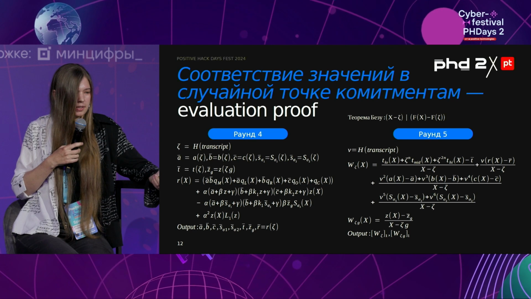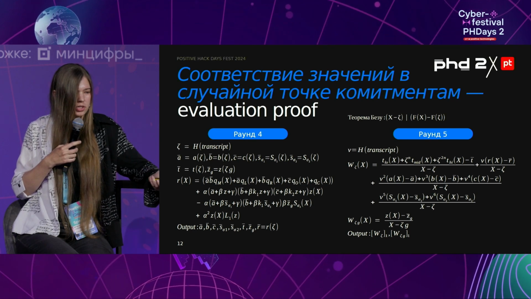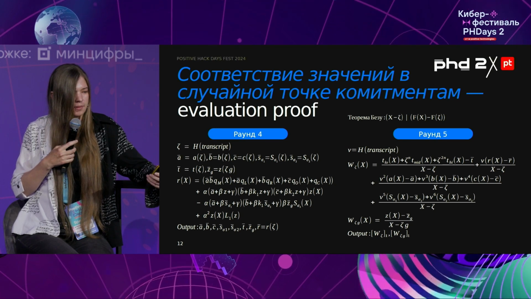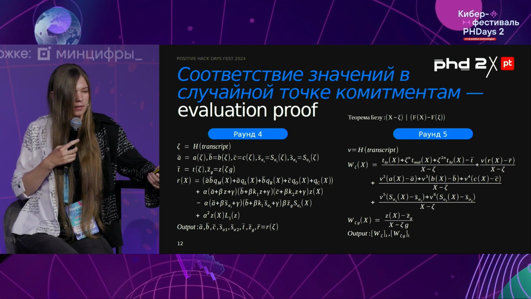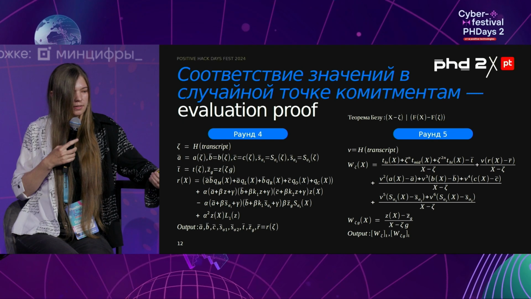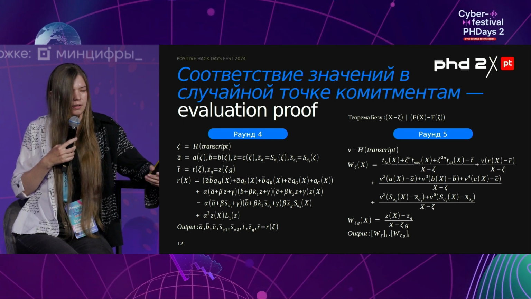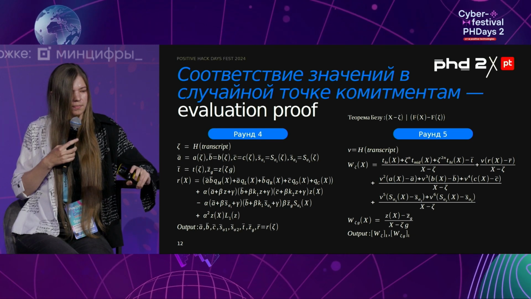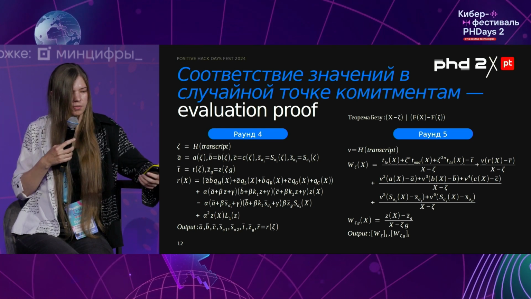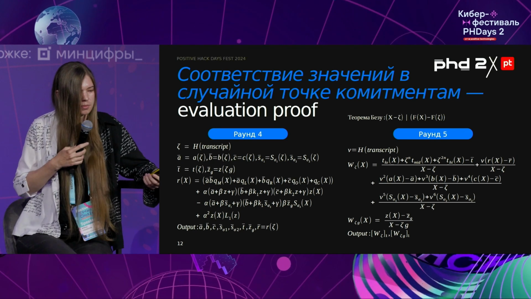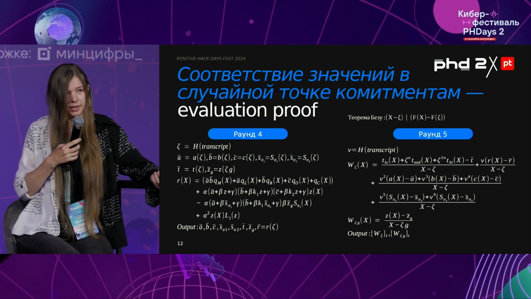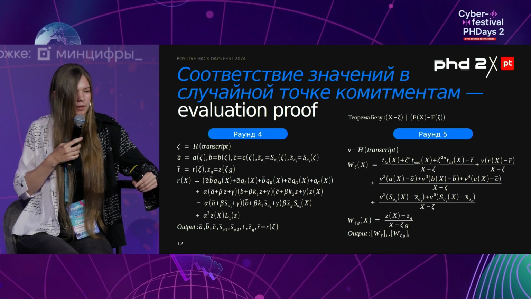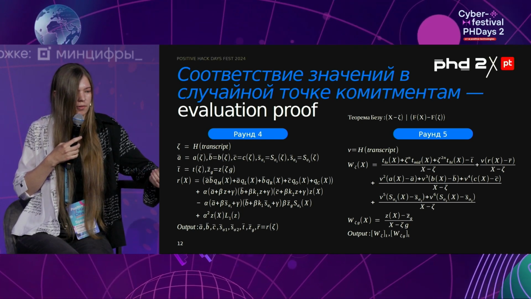So, matching the values at a random point to the commitments, that is, evaluation. The verifier, to check whether the values meet the random point, does not know the witness and does not have the ability to do complicated and complex calculations.